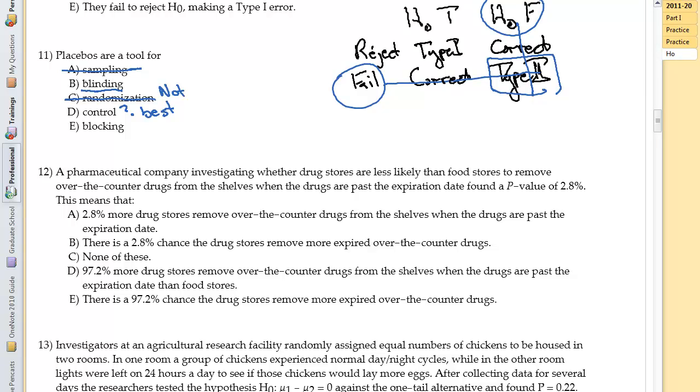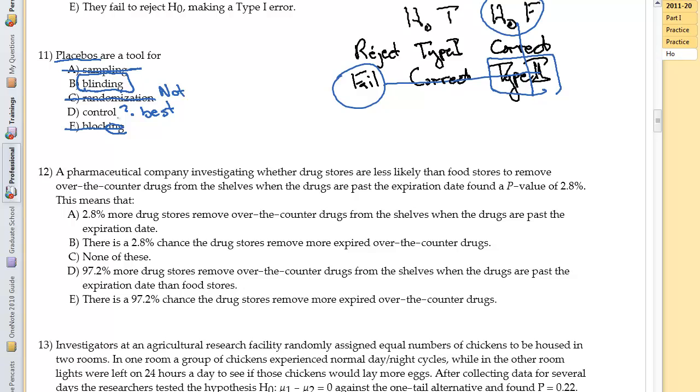The placebo really blinds the participant to the fact that he's not actually getting the treatment and prevents biasing. And then blocking is a sampling technique, so this isn't going to be true. So while I can see that D looks sort of correct, it's really not the best answer because the purpose of a placebo is to blind the participant to the fact that they're not actually getting their treatment to reduce bias.